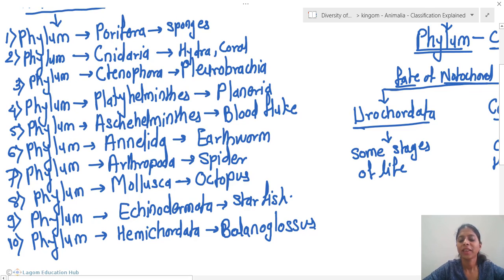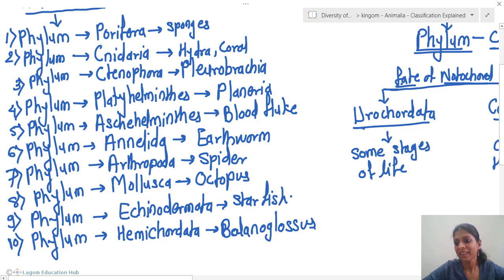The sequence should be by heart to you. Porifera, Cnidaria, Ctenophora, Platyhelminthes, Aschelminthes, Annelida, Arthropoda, Mollusca, Echinodermata and Hemichordata.